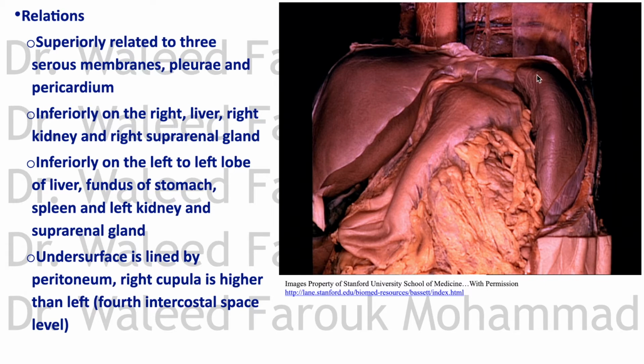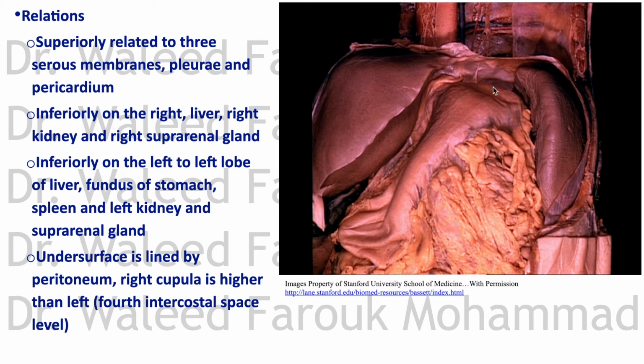On the left side, the left lobe of the liver reaches the left fifth intercostal space, with the fundus of the stomach, see, this is the stomach, this is the fundus of the stomach, and the spleen. Now, don't think that this is the normal size of the spleen. It's too big here. It's usually smaller than this, nothing more than the palm of your hand without the fingers, okay?